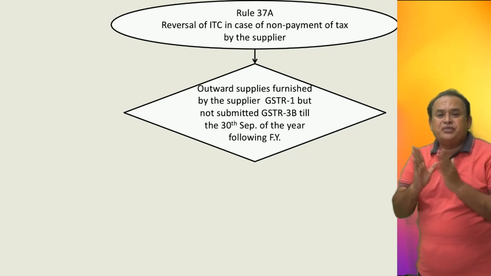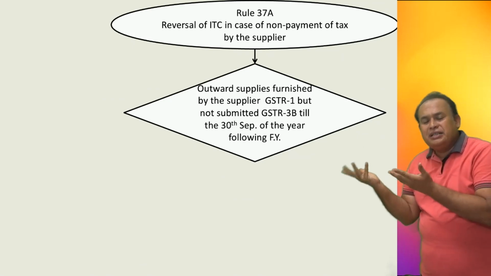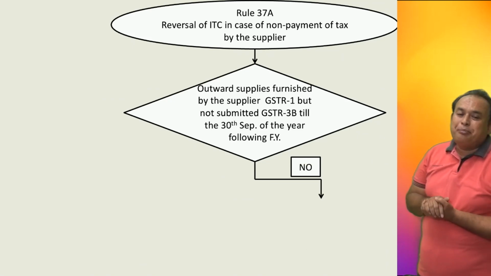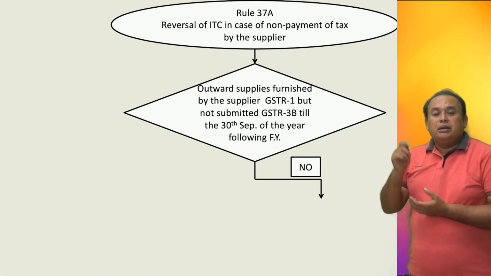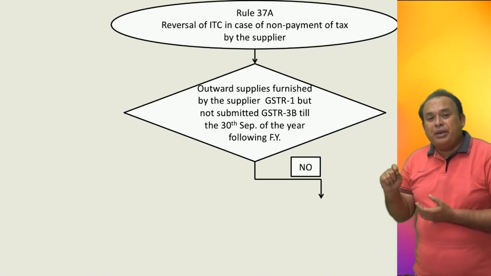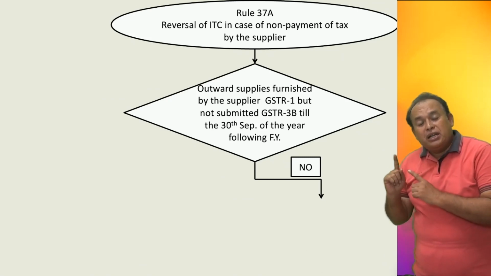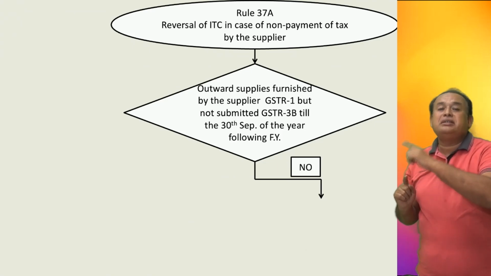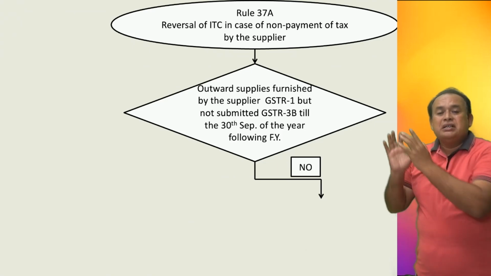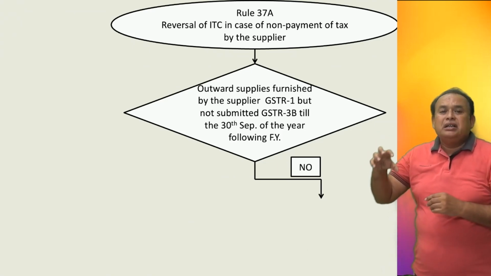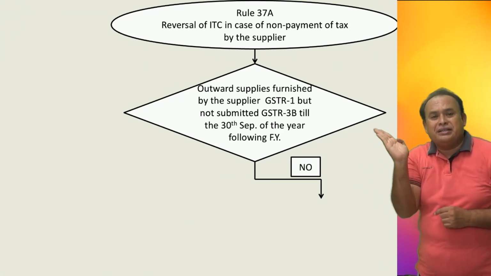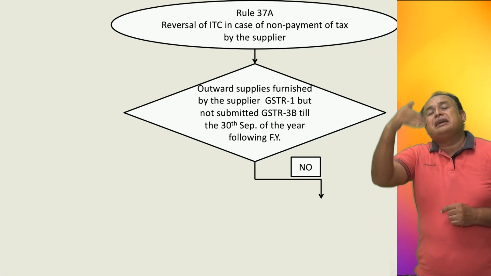There are two questions for the decision making. There may be yes, there may be no. First I am presenting no, that means GST 3B not submitted. Here the other output is no, that means GST 3B submitted. That means the supplier submitted the GST 3B return on or before the due date, that is 30th September of the succeeding financial year.